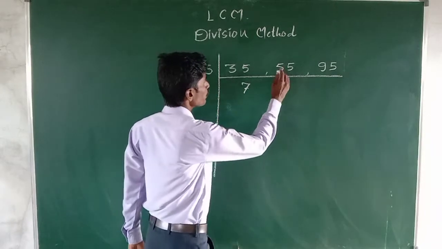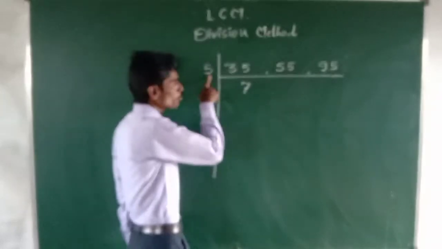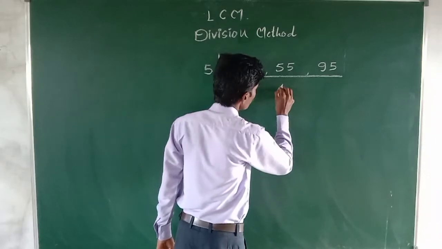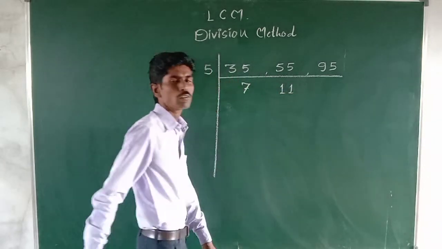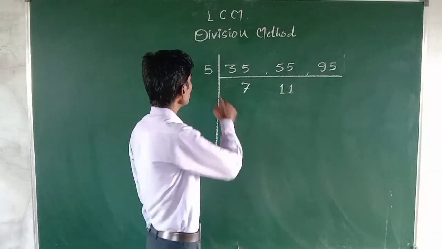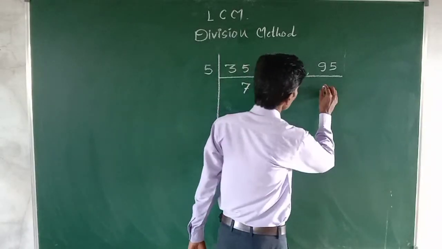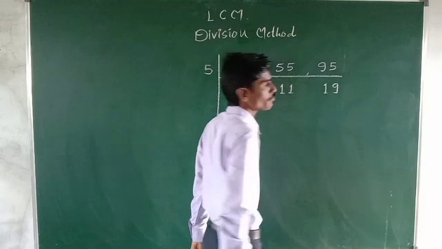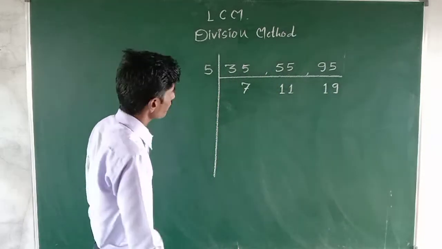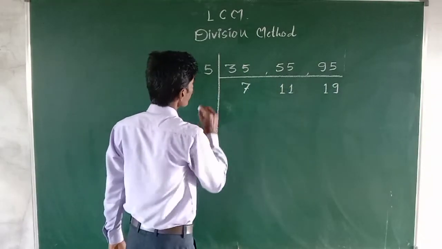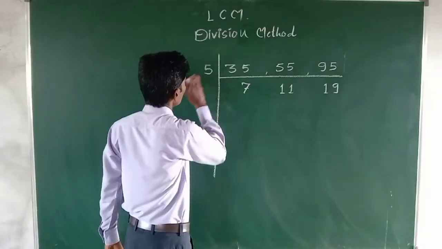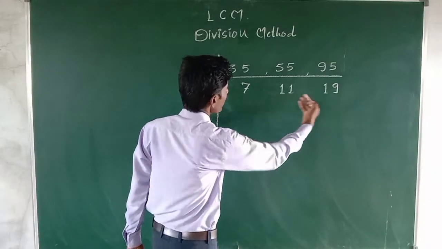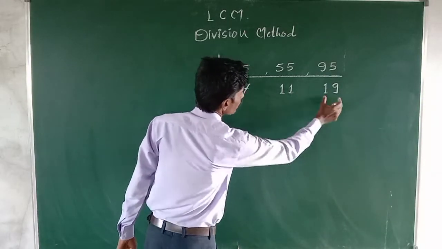Then 55: 5 ones are 5, 5 elevens are 55. Then 5 ones are 5, 5 nineteens are 95. Then we will divide by any number from 7, 11, 19.